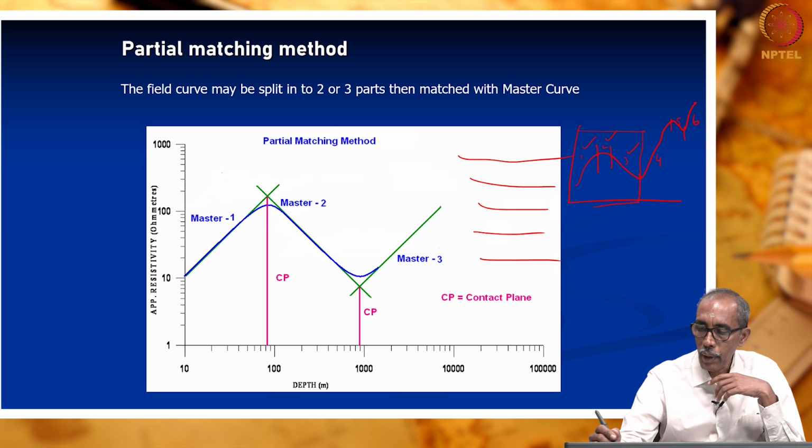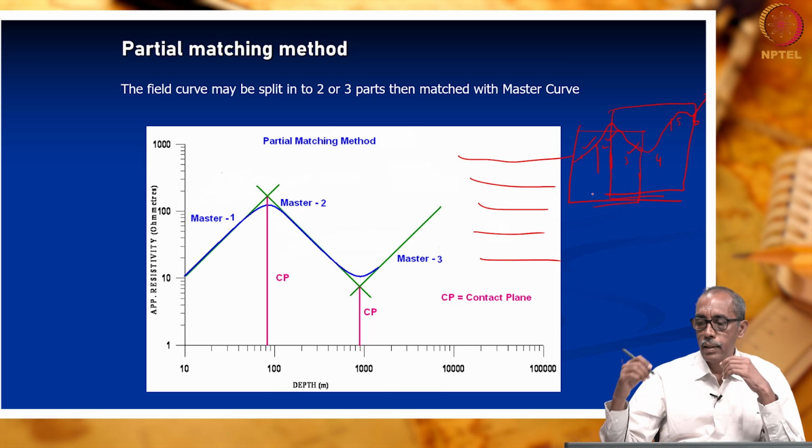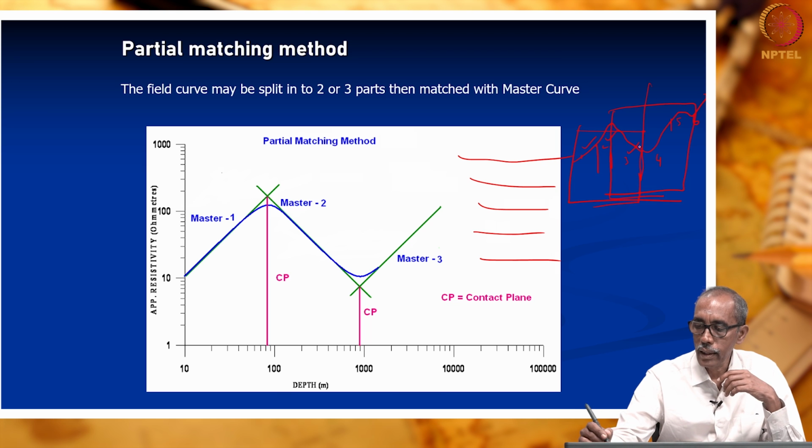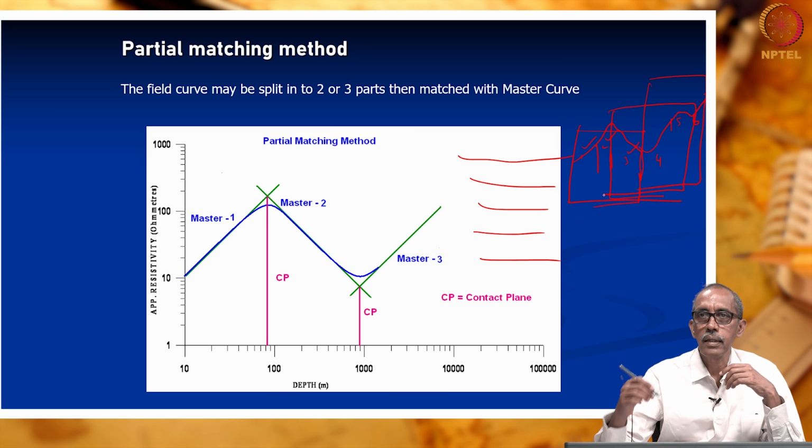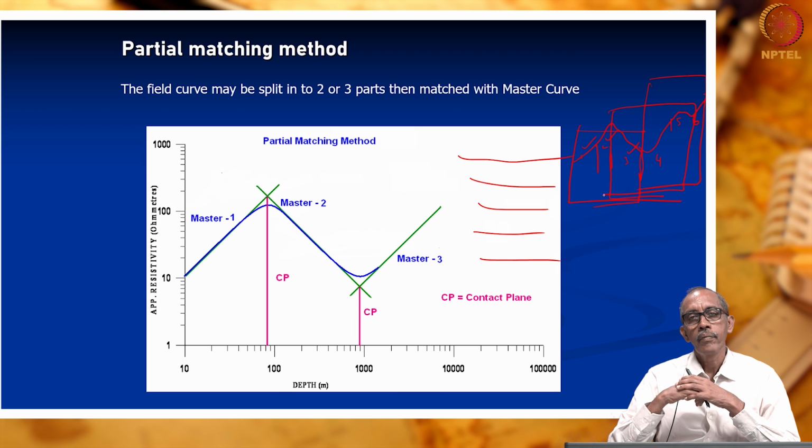Then I match only this part 3, 4 and 5. Okay, then I mark only 3, 4 and 5 part. After completing this, I take 4, 5 and 6. So, this method of matching is known as partial curve matching method.